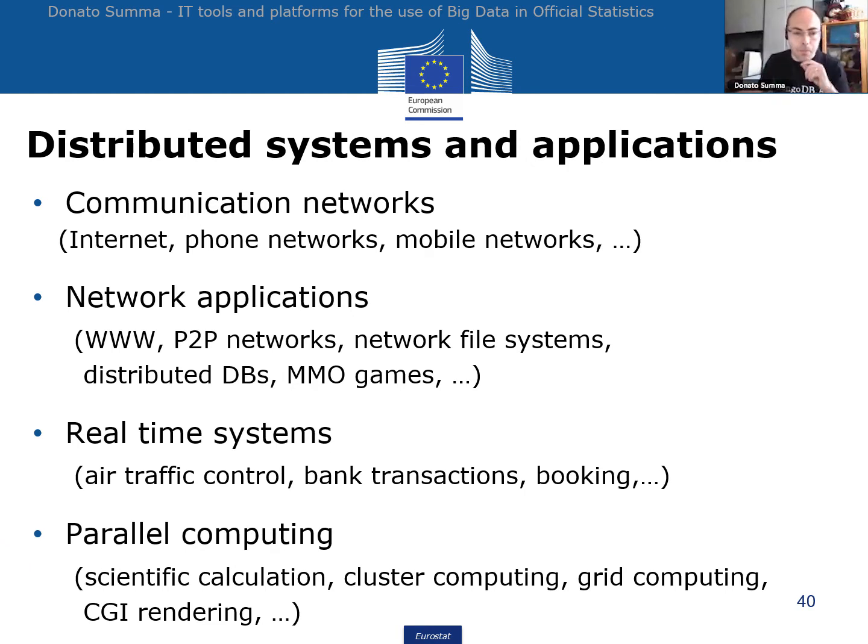So now that you should have a general idea of what a distributed system is and how distributed computing works, let's provide some examples of distributed systems and applications. Examples of distributed systems and applications could be, for example, communication networks, the internet, for example.